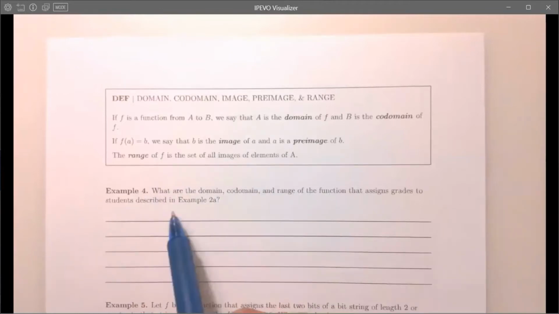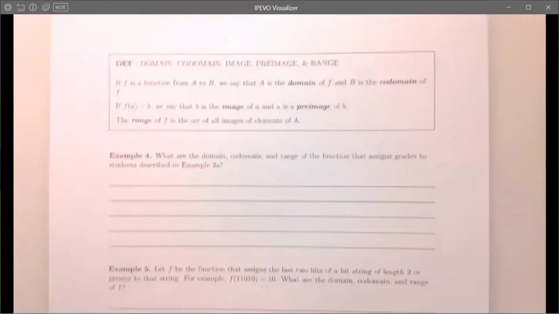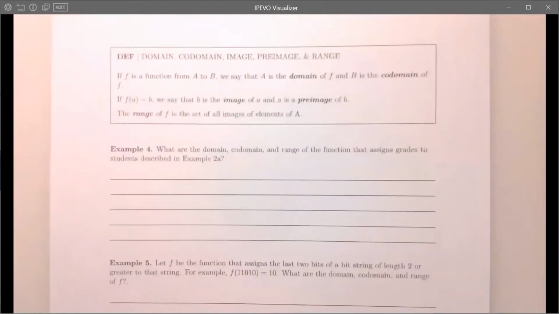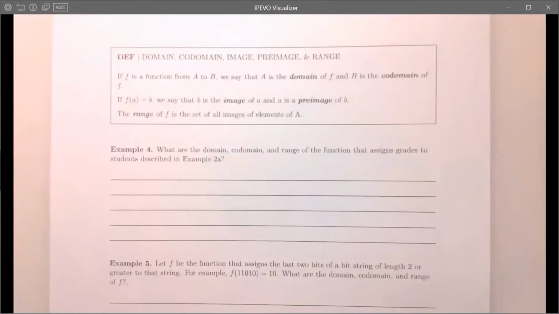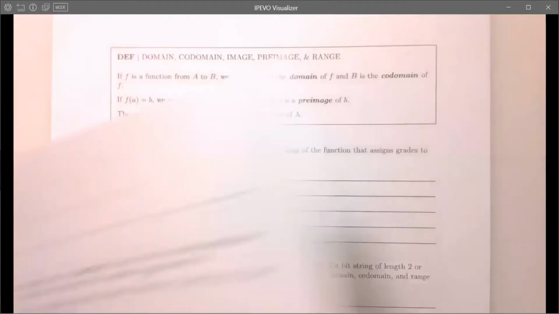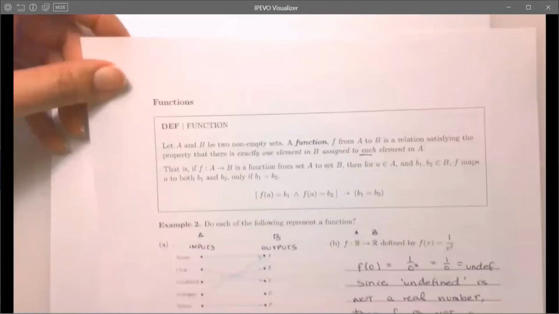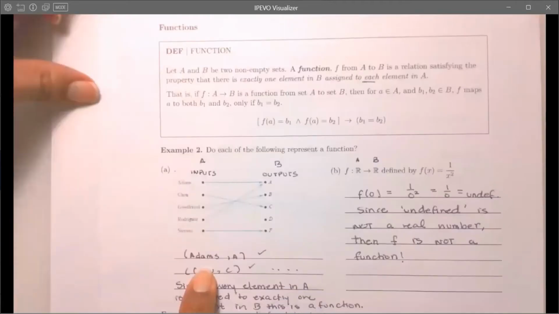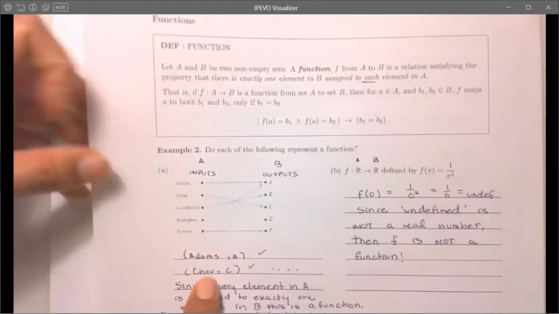So let's take a look at example number 4 to better illustrate what these definitions mean. What are the domain, codomain, and range of the function that assigns grades to students in example 2a? So if you take a look at 2a, this was the function that it's referring to.